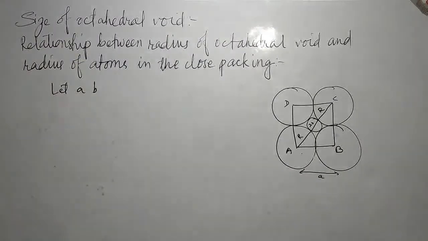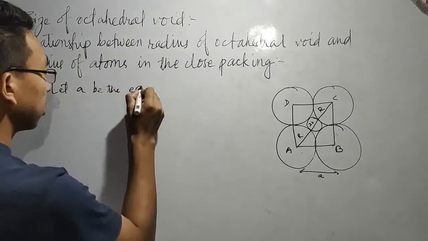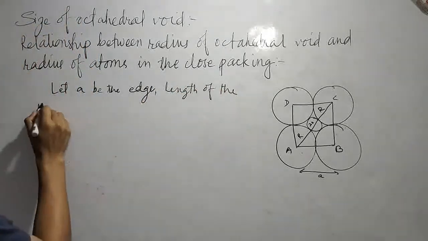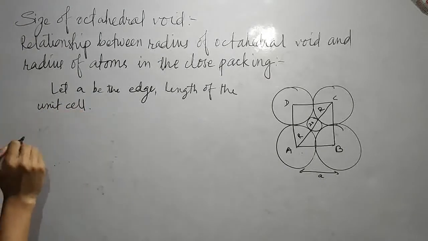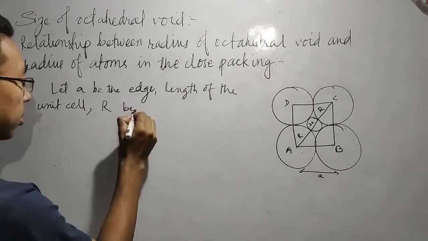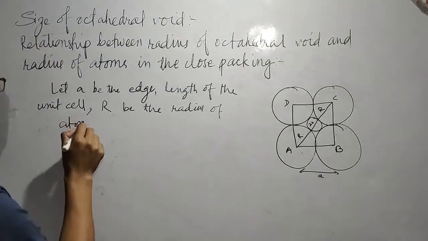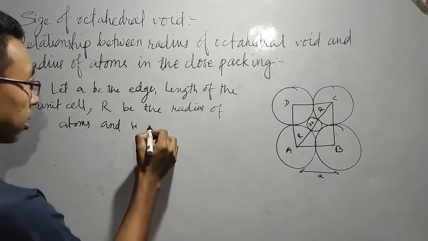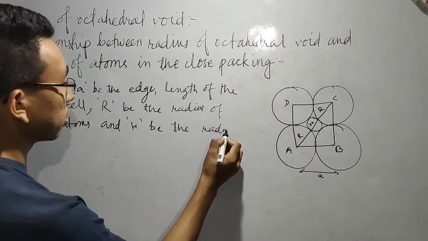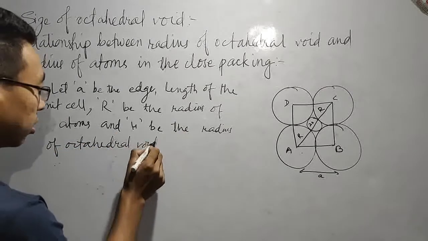So now the main part is here. You may start writing from this part onwards. Let A be the edge length of the unit cell, R be the radius of atoms, and small r be the radius of the octahedral void.